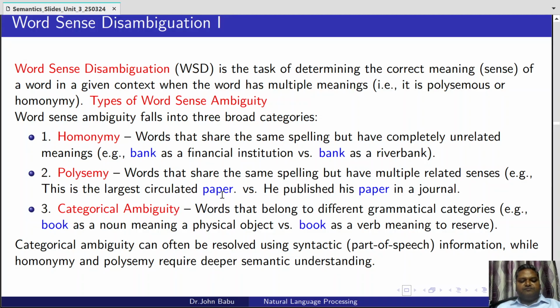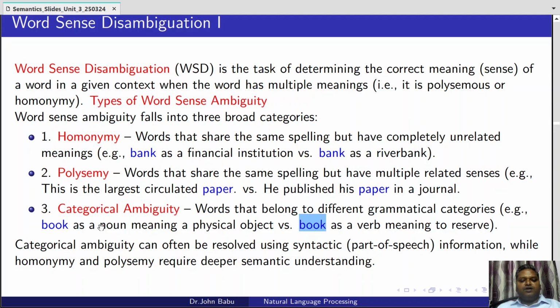And thirdly, there is another ambiguity called categorical ambiguity. When the words with same spelling belong to different parts of speech. For example, I say, I want you to book a ticket to Delhi. When I say that book, there that book was a verb. This book is very costly. When I say that, book is a physical object, a noun.